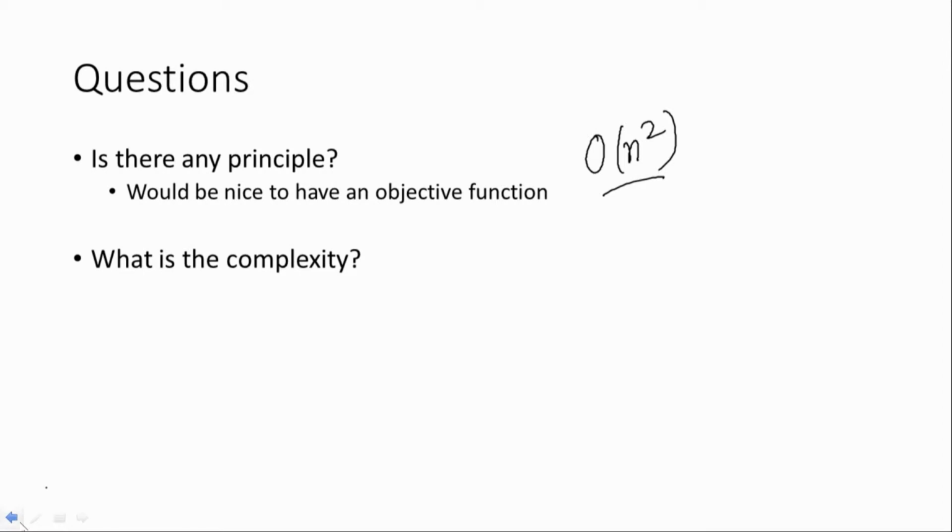For each merge, what do you need to do? Find the closest, and decide which pair to merge. How long does that take? It takes order n square, right? Because there are n square pairs, and you have to select which of these pairs.